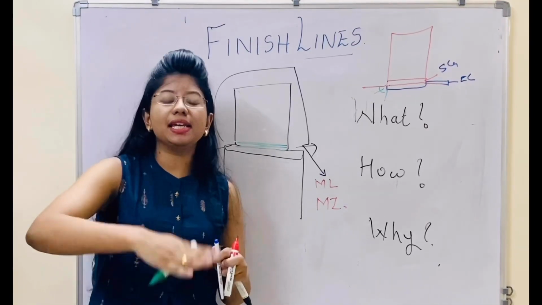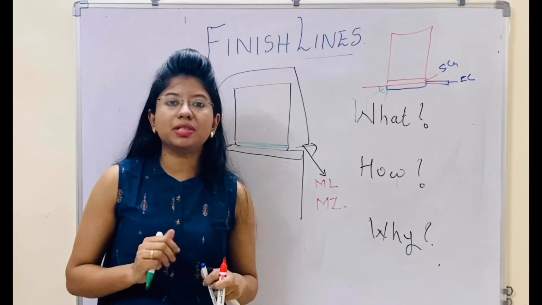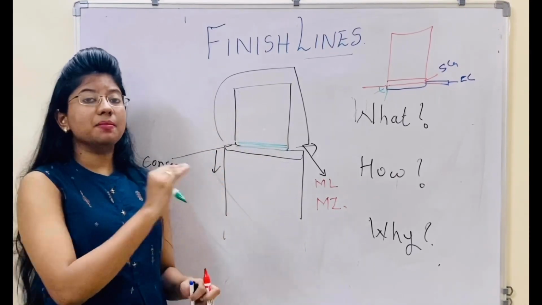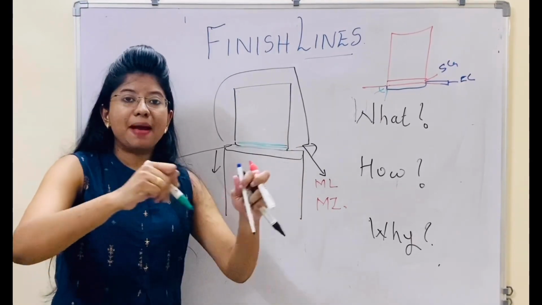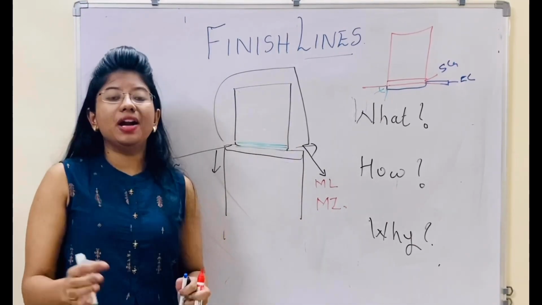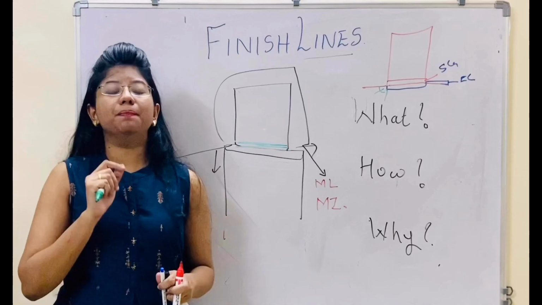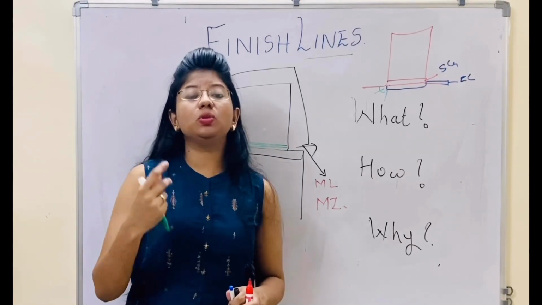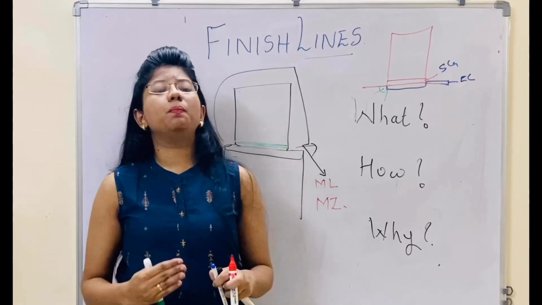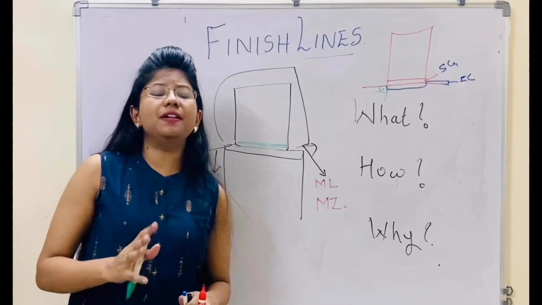Like when we are taking the impression, it is easy to reproduce that finish line. But when it comes to a subgingival margin, you need to retract the gingiva with a gingival retraction cord, and then you can record it in your impression. Then it becomes difficult to record compared to the supragingival. That's why supragingival is the more preferred finish line.